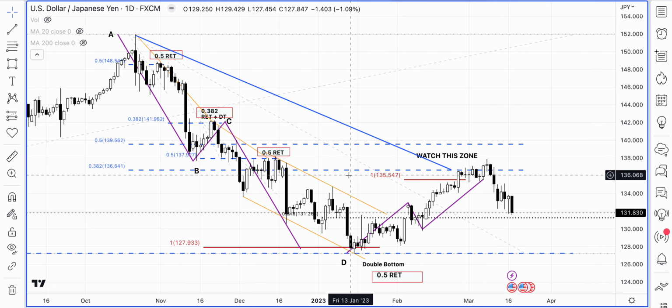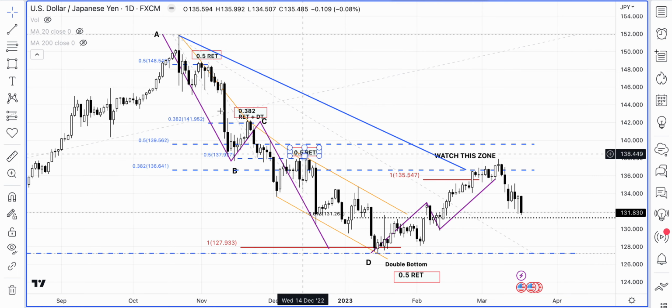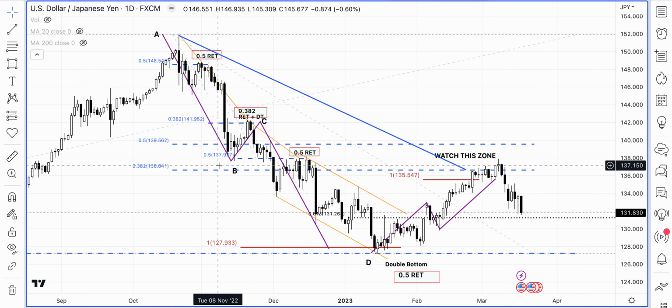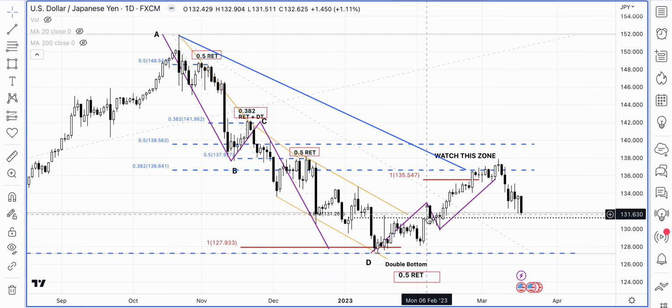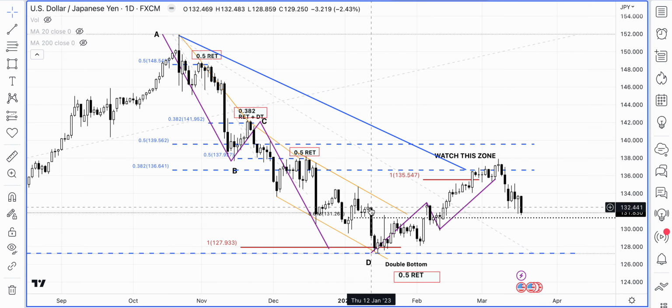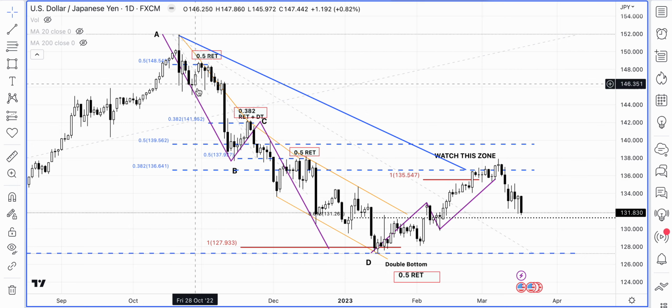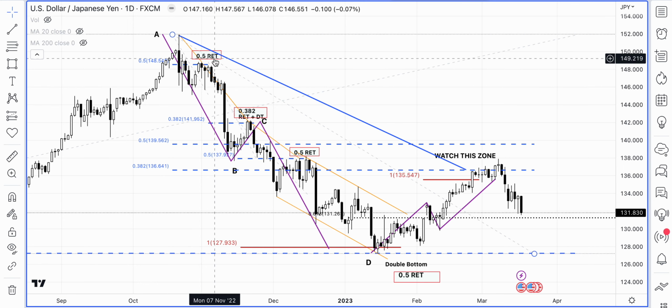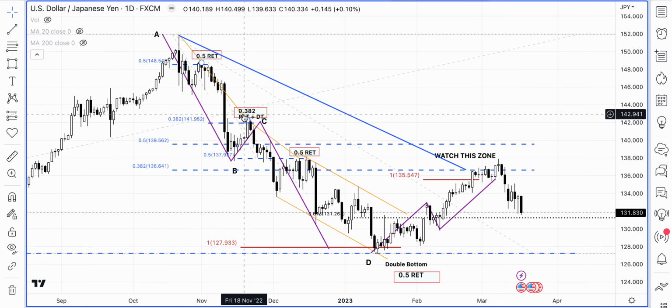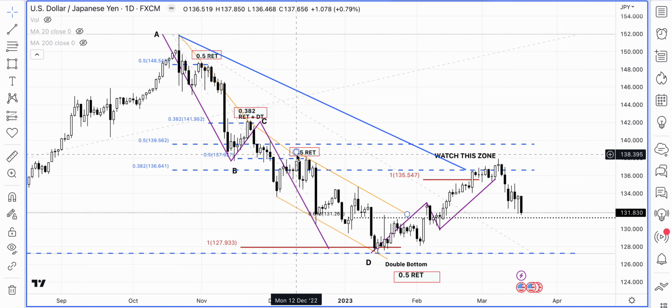So why did we pick this zone? Because it had formed an ABCD pattern formation right at the 50% level, where it found really good support. The price in this ABCD, if you look at it, has always found resistance either at the 50% or the 38.2% level, and then 50%.